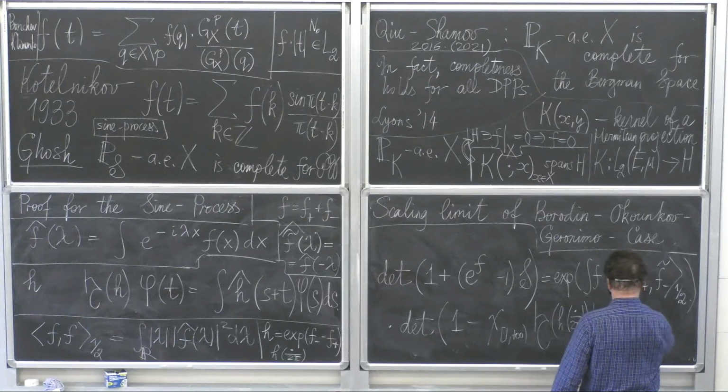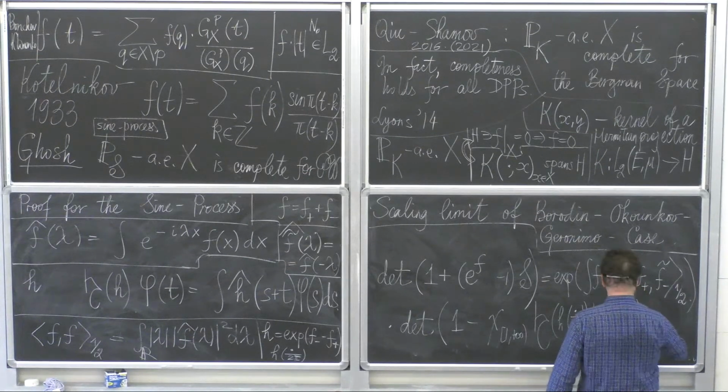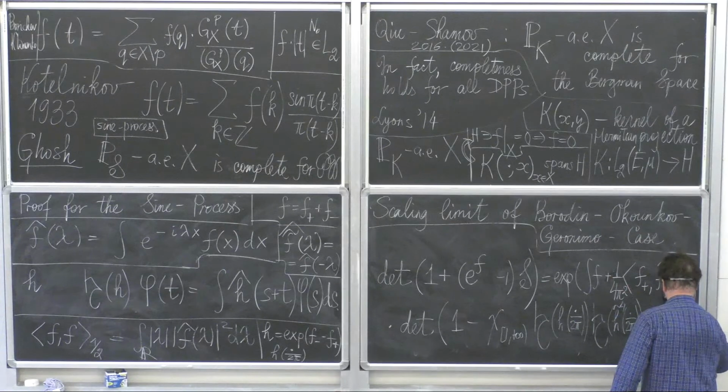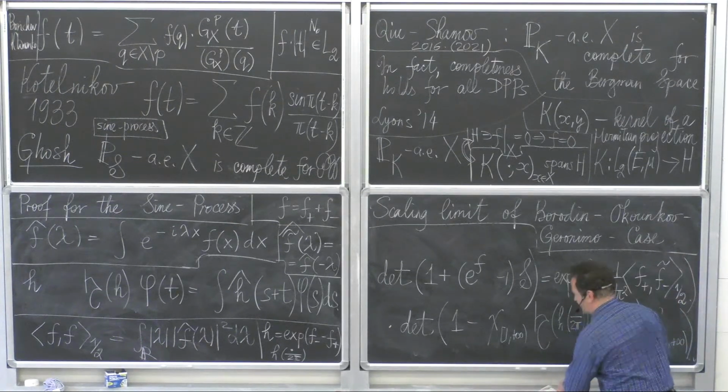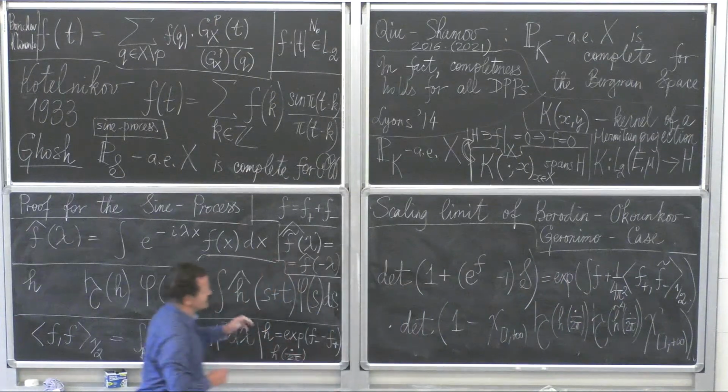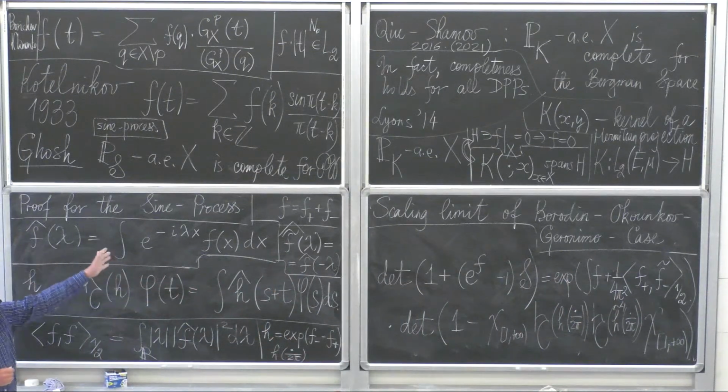Yes, so here we go. The 2 pi factors appear precisely when one takes the scaling limit and passes from Fourier series to Fourier transforms.